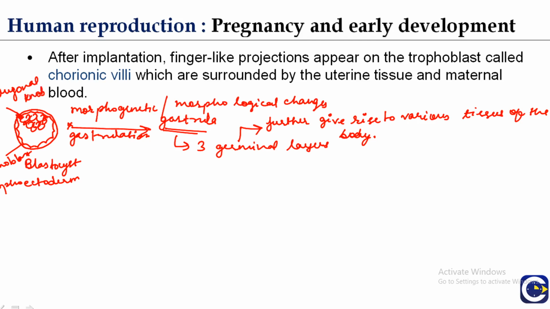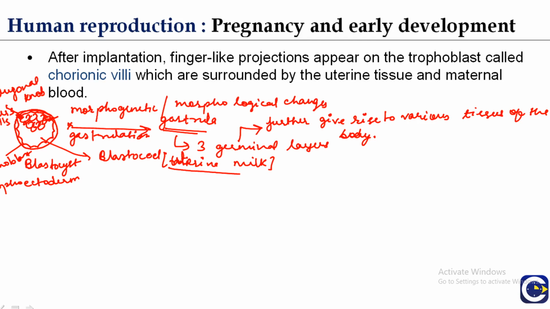And the cells which are in direct contact with this inner mass are known as the Rauber's cells. And there is a nutritive fluid-filled cavity, known as the blastocoel. It is also known as the uterine milk, because this fluid comes from the uterus of the mother. So this was the structure which we have gone through in part 6 also.